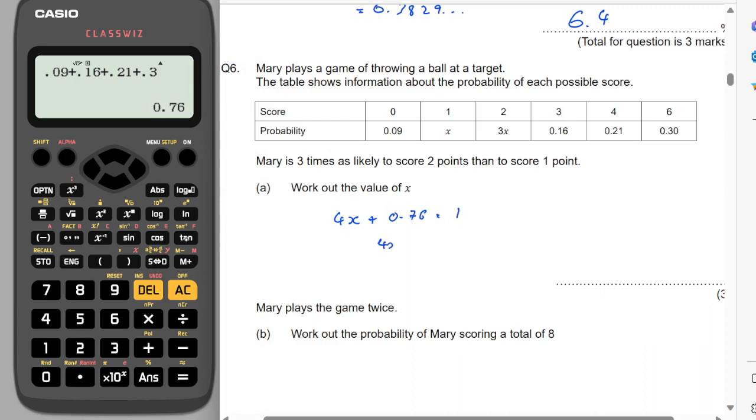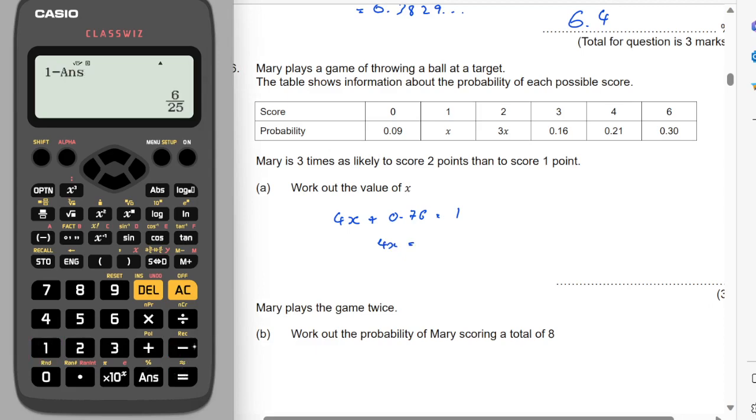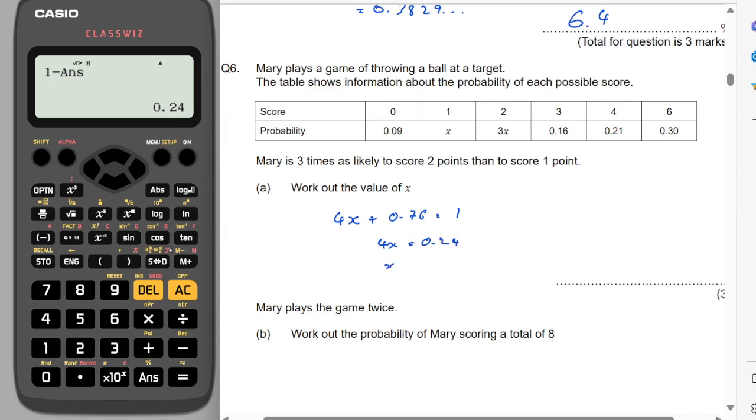So 4x has got to be equal to 1 minus that. So that's 0.36, I think. 0.24, sorry. 0.24. So divide both sides by 4 gives us 0.06.